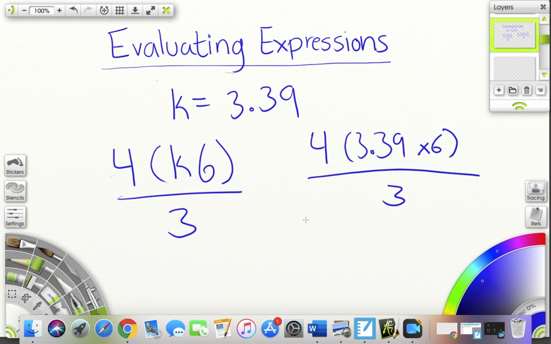We will have a decimal as our answer. So I have to do 3.39 first things first times 6. So 3.39 times 6 equals 20.34. So now I have 4 and 20.34 over 3.